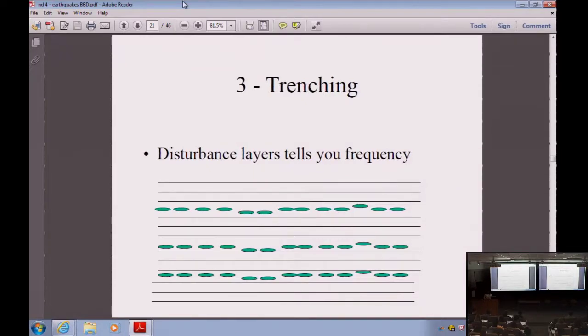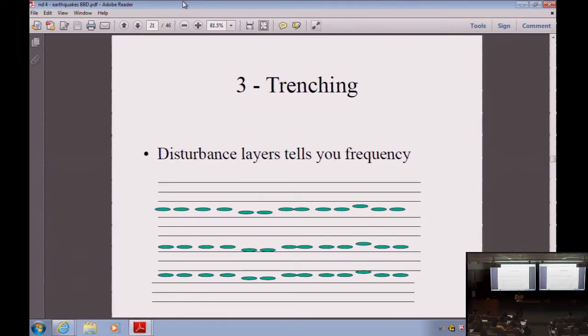Another way that we can continue this record of earthquakes through history is to look at wetlands. Where there are wetlands around, you can potentially take this record back thousands of years, depending on how big and how deep the wetland is. This is called trenching, and wetlands are categorized as an area of constant plant accumulation. The plants are always growing up, up, up, so you have this constant record of what was going on through time.